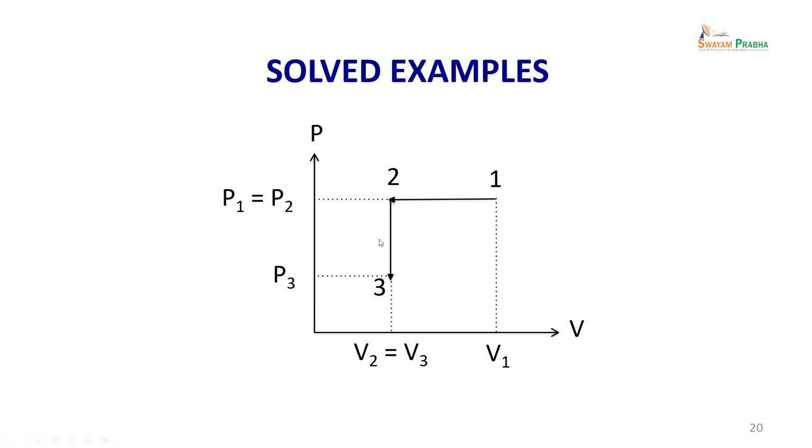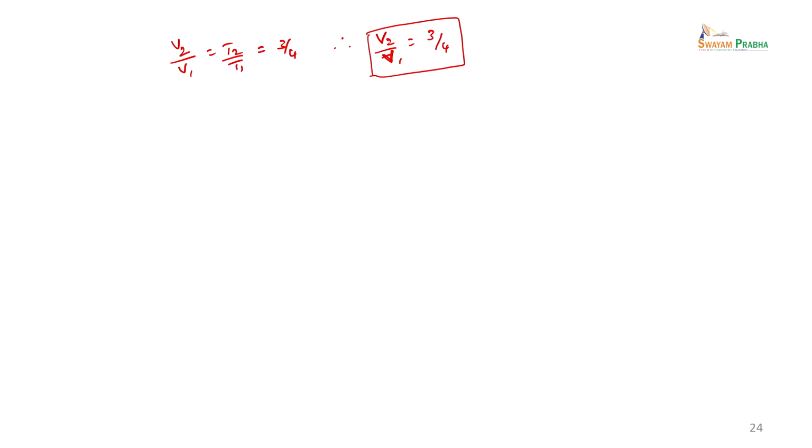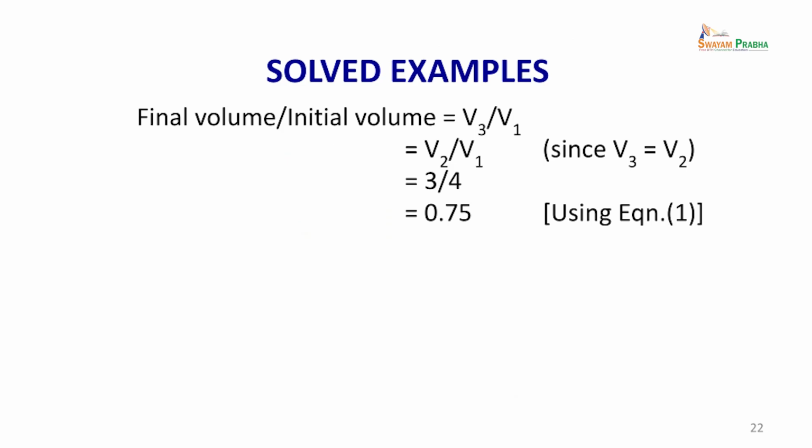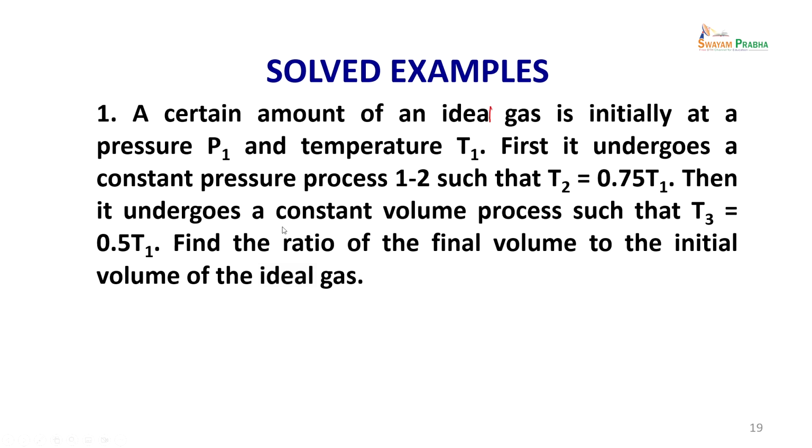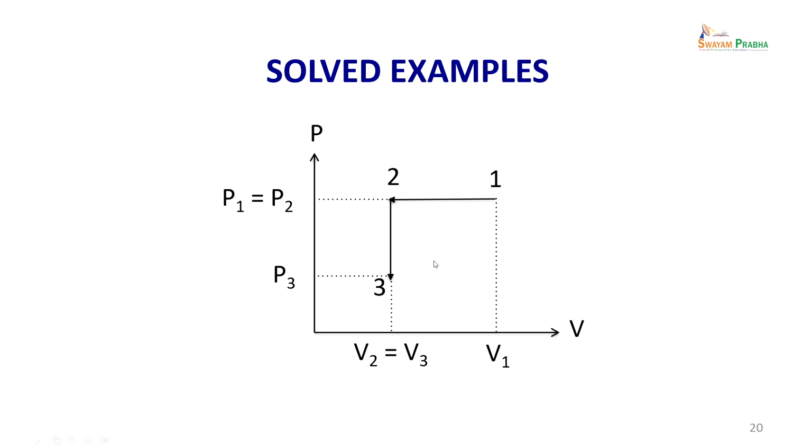Now, let us consider the process 2 to 3. 2 to 3 is a constant volume process, or directly we can calculate the ratio of final volume to initial volume. Final volume is V3, initial volume is V1. If you look at the PV diagram, V2 is equal to V3.